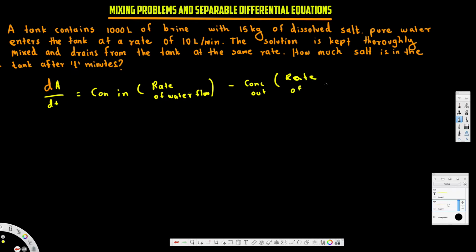In this case that is salt, but let's write it as water exited.